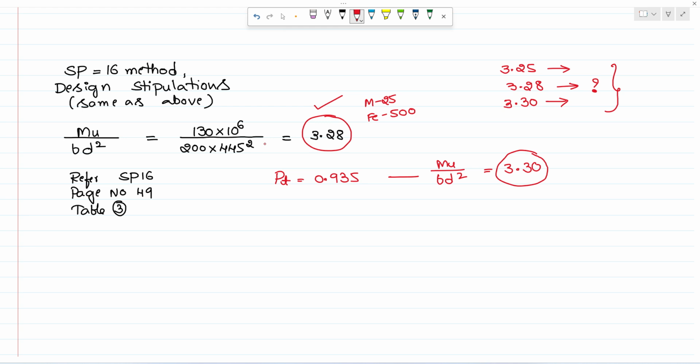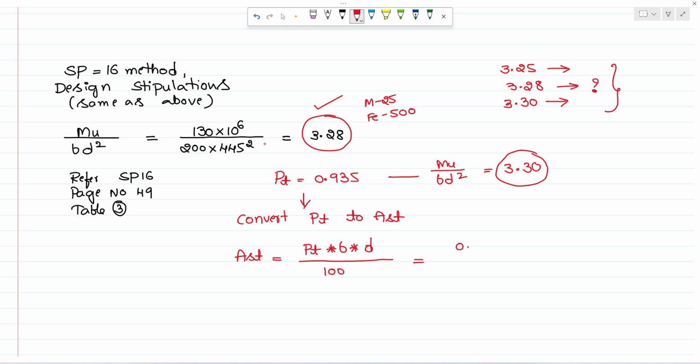So convert this PT to area of steel. So next, convert this percentage of steel PT to area of steel, AST. You have the formula. So AST equals PT multiplied by B multiplied by D divided by 100.